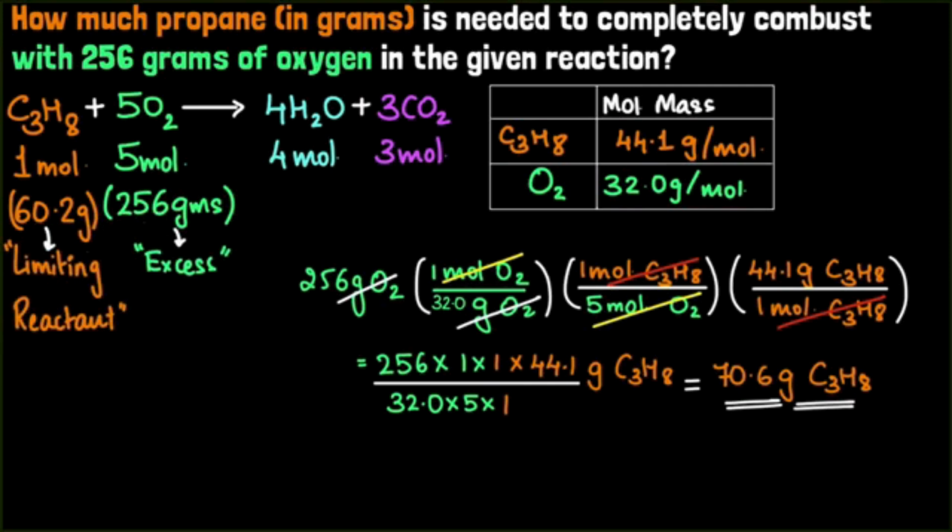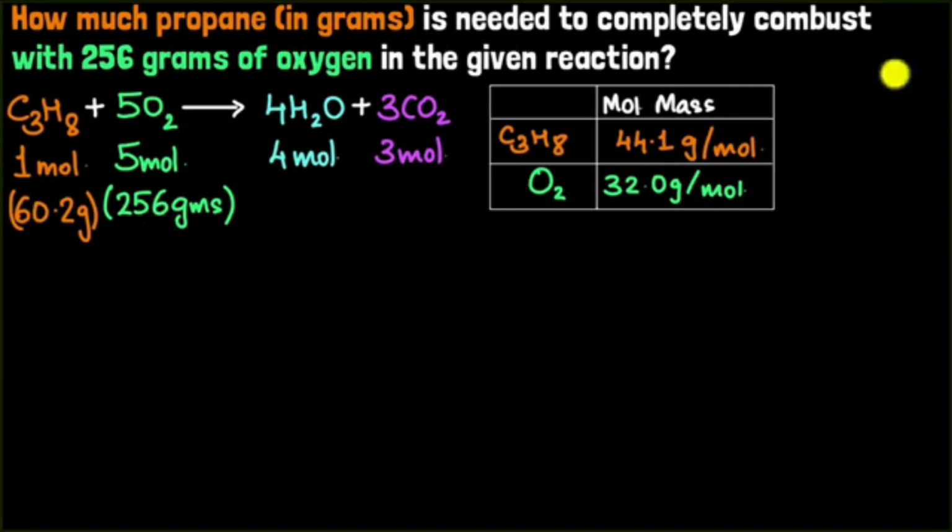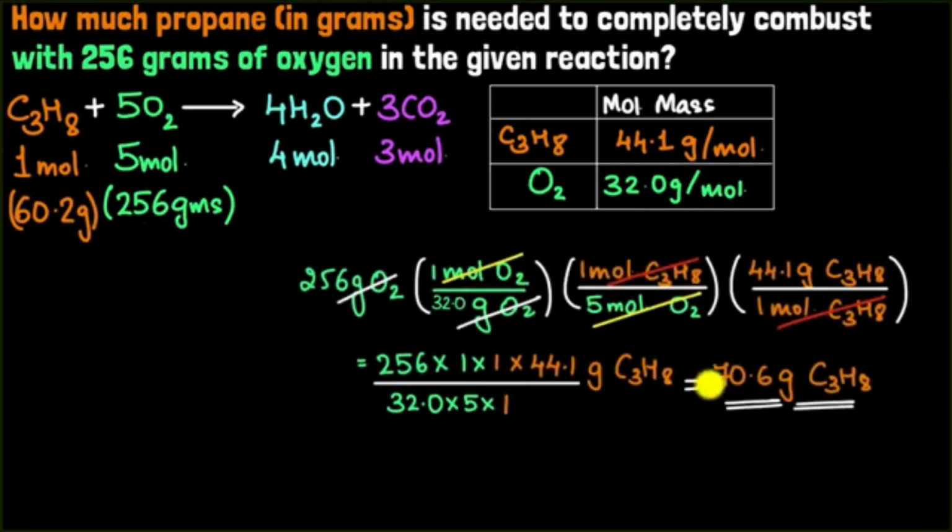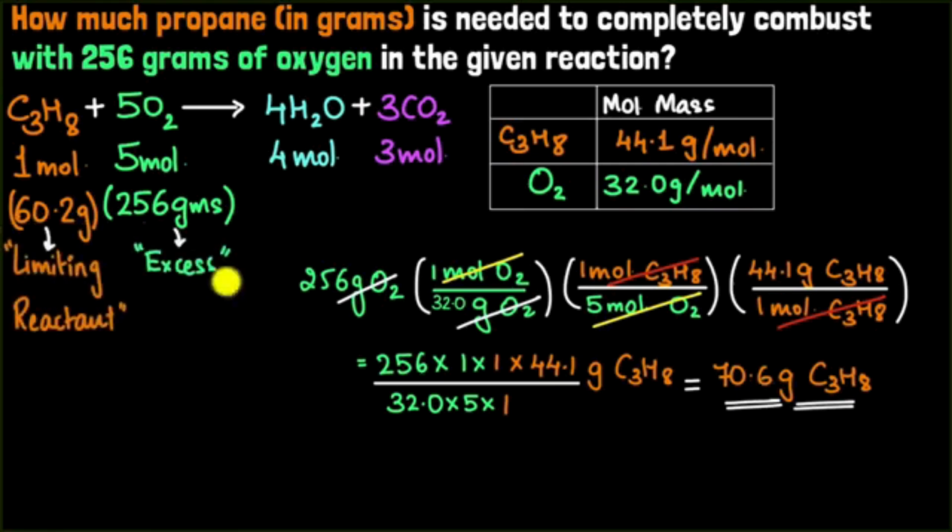So if we were given masses of 2 reactants and we are asked to figure out which of them is the limiting reactant, how would we figure this out? Well, we can calculate how much propane is necessary to completely combust with 256 grams of oxygen, which means we do the same calculations, figure that number out, and then compare it to what's given. If we have less than what's necessary, then that itself becomes the limiting reactant.